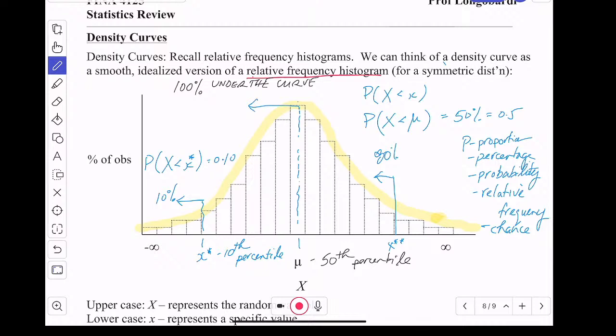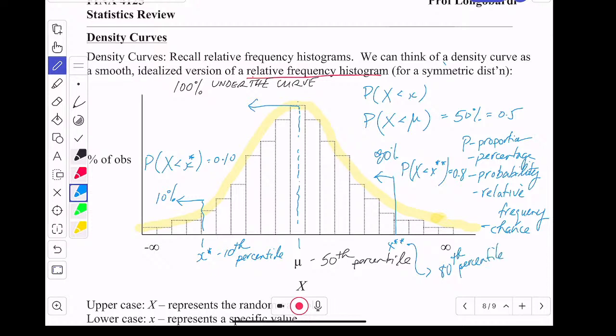Eightieth percentile, right. So we write that big X less than X star star is equal to 0.8, and X star star is called the 80th percentile. And I can also talk about, so let me put numbers on these.